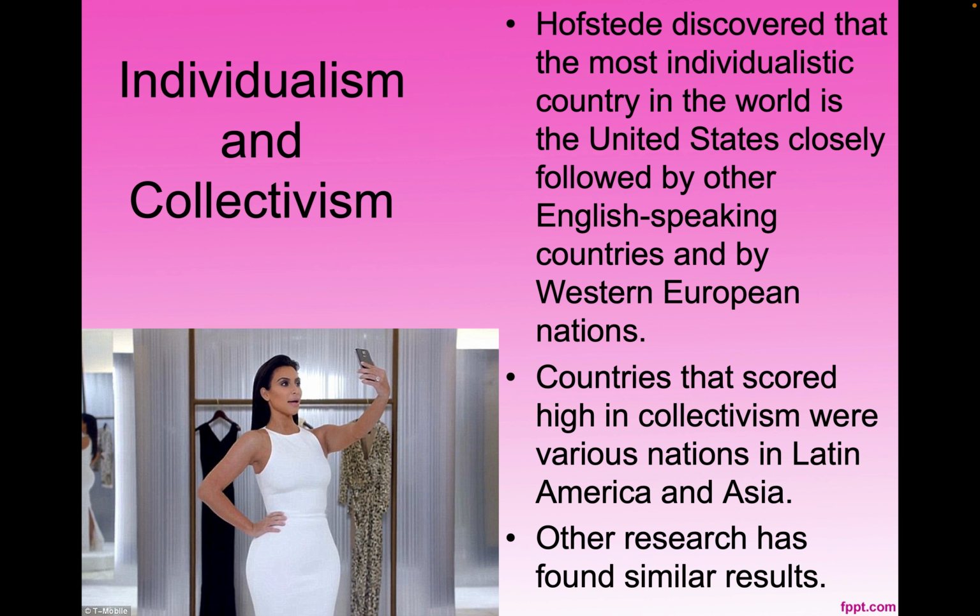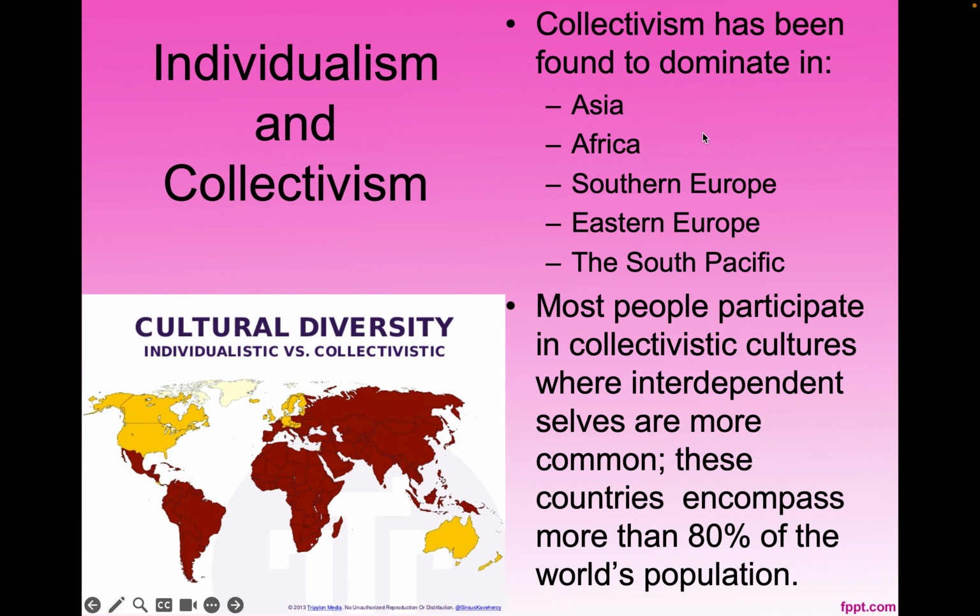Countries that scored high in collectivism were various nations in Latin America and Asia. Other research has found similar results. Collectivism has been found to dominate in Asia, Africa, Southern Europe, Eastern Europe, and the South Pacific. Most people participate in collectivistic cultures where interdependent selves are more common.